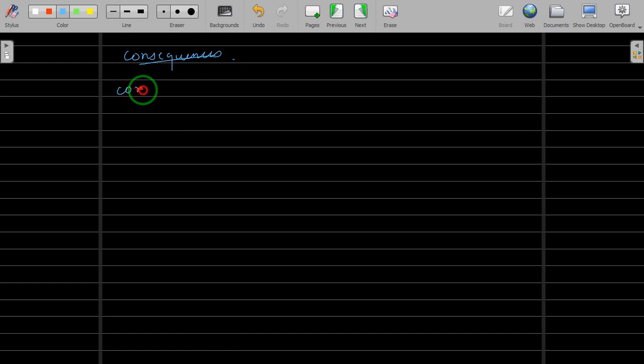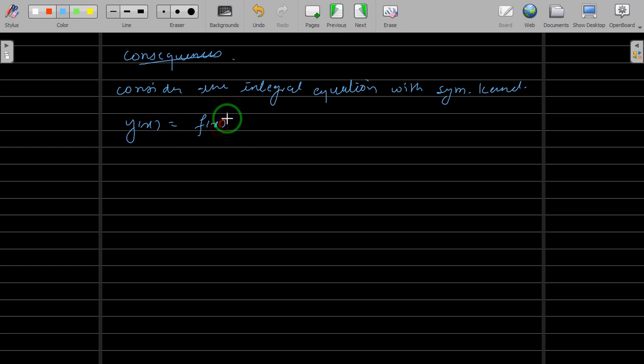Now consider the integral equation with a symmetric kernel, say y of x is equal to f of x plus lambda times the integral from a to b of k(x,t) y(t) dt.